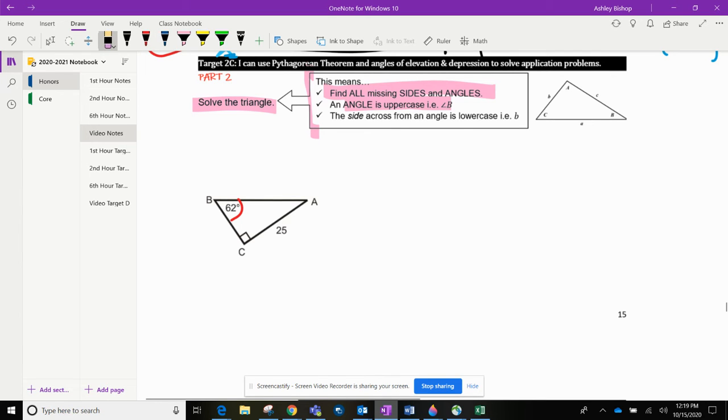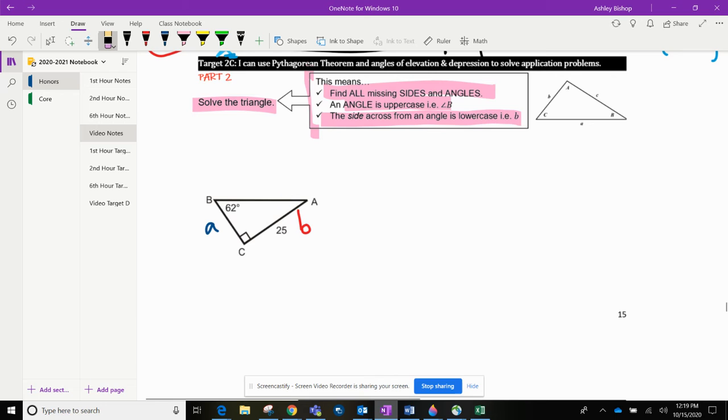And then the side across from the angle is the lowercase letter. So if I'm looking for side B, I go find angle B, and the side across from angle B is side B. So 25 is side B. Same thing if I have angle A and I want to go find side A. Angle A is here. The side across from angle A is side A, and I give those lowercase names.